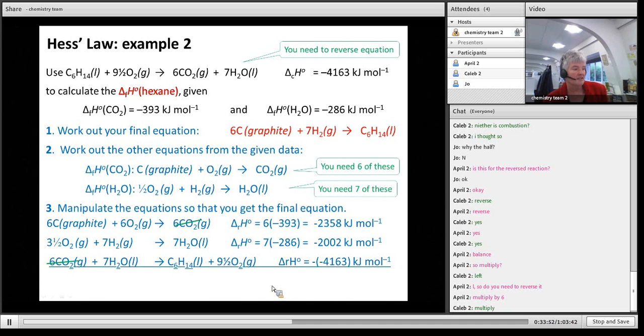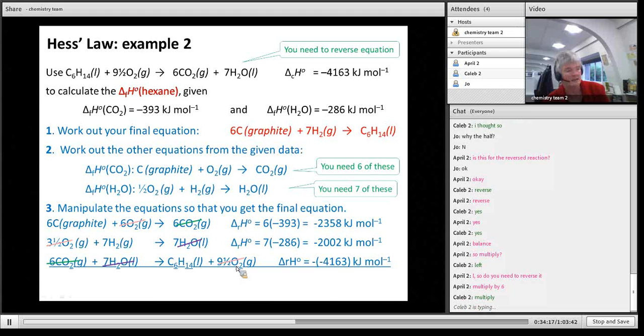I've got 6 CO2s on the left and 6 CO2s on the right, and they're going to cancel. I've got 7 waters and 7 waters, they're going to cancel. I've got 9.5 oxygens on this side, 6 oxygens on the left hand side, and 3.5 there. 6 plus 3.5 equals 9.5. So can you see all my oxygens on the left hand side cancel the oxygen on the right hand side?